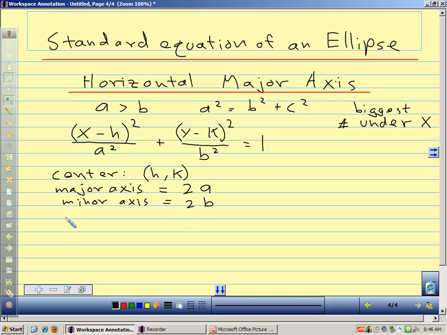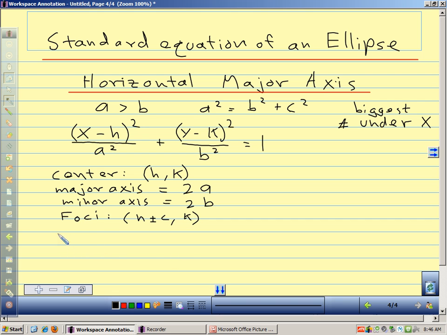The two foci: since our axis is horizontal, to get to each focus, we go from the center over to the right c units and over to the left c units. So our foci are (h plus or minus c, k). We're just moving to the right or the left from our center.